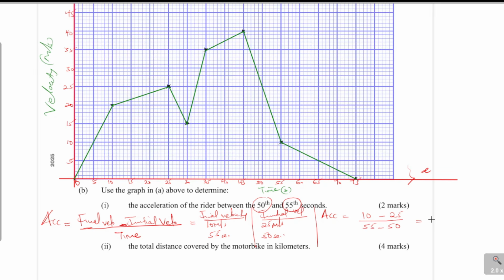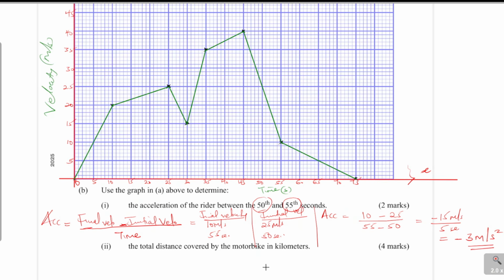So this will give 10 minus 25, that is minus 15 meters per second, divided by 5 seconds. And this will give a deceleration, which will be given by -3 meters per second squared. So that is how you're supposed to work out the first part.